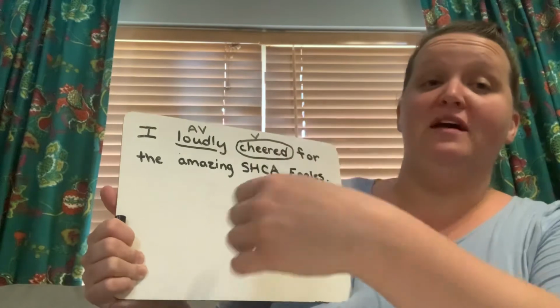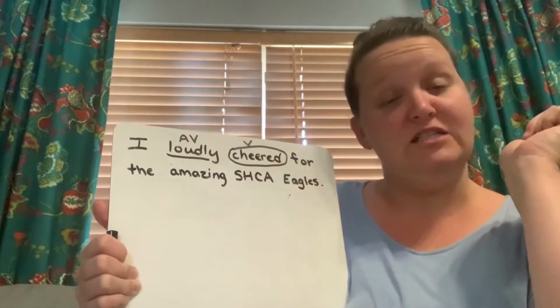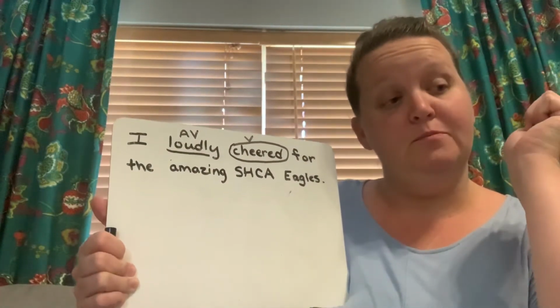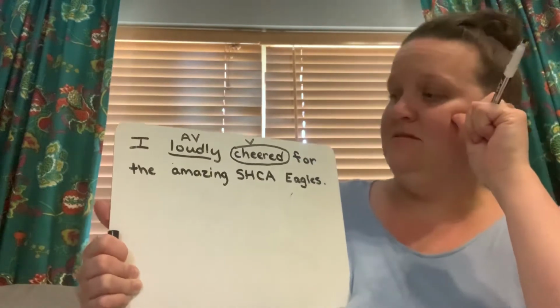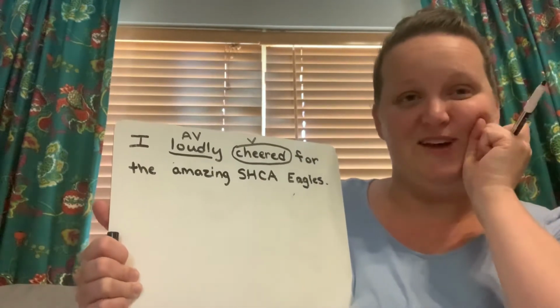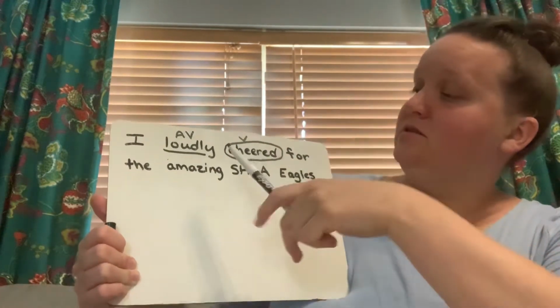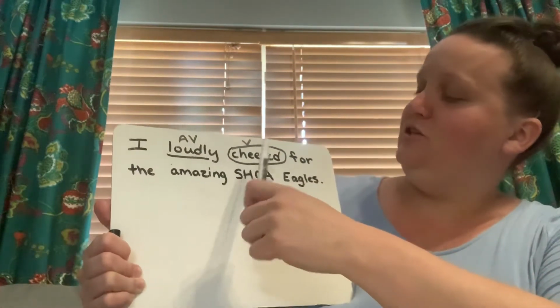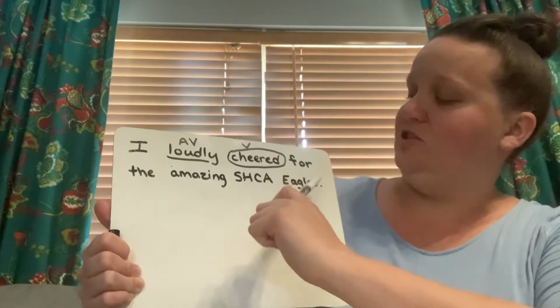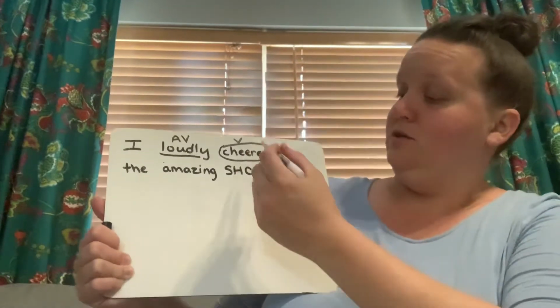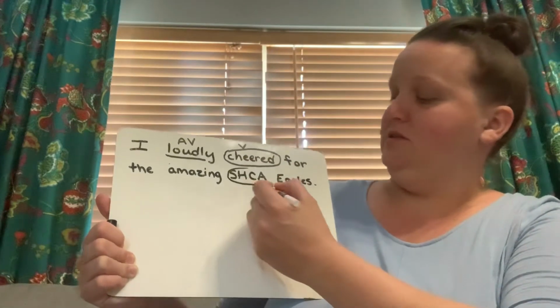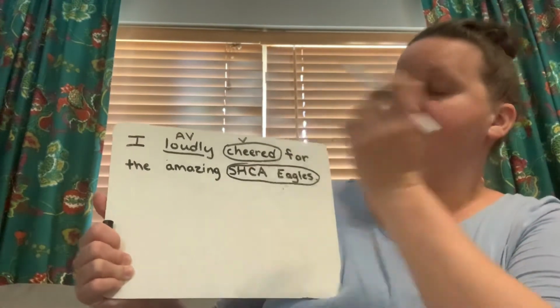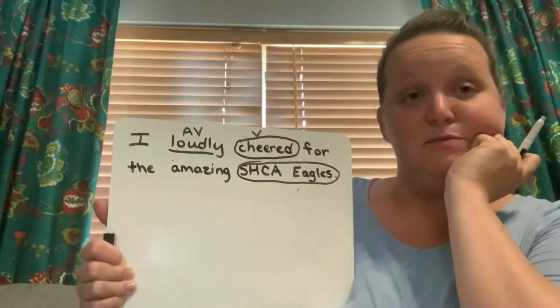Now we're going to be trying to find the adjective. And remember, adjectives describe nouns, okay? Should call them adnouns, huh? Okay, so I loudly cheered for the amazing SHCA Eagles. So SHCA Eagles is my thing, right? That's my noun.